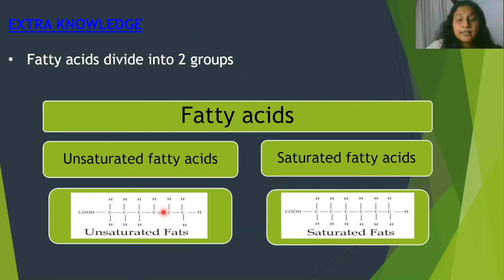That is called unsaturated fatty acids, and these exist as liquids at room temperature. As an example, oleic acid. Saturated fatty acids have no double bonds between carbon atoms, only single bonds, and these are solids or semi-solids at room temperature. Palm oil and coconut oil are saturated fatty acids.